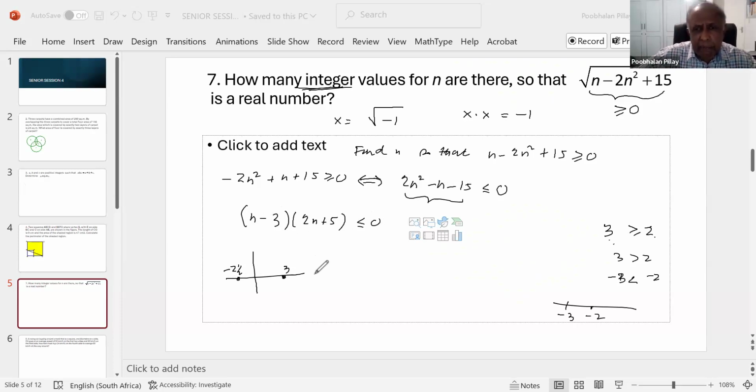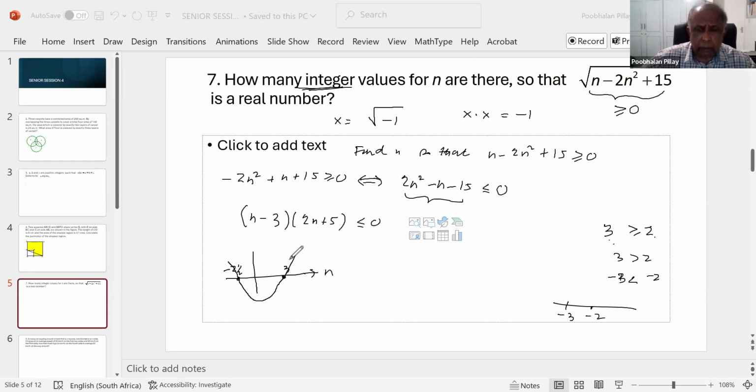The variable is n, so this is n on the side. The graph has a minimum value because the a is positive, so it comes down like this.